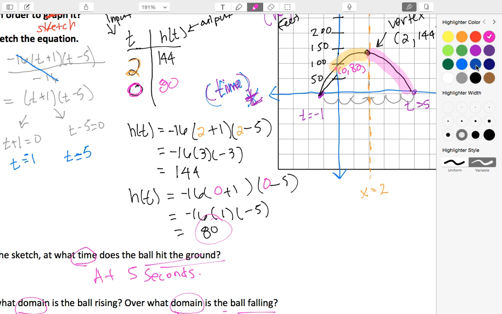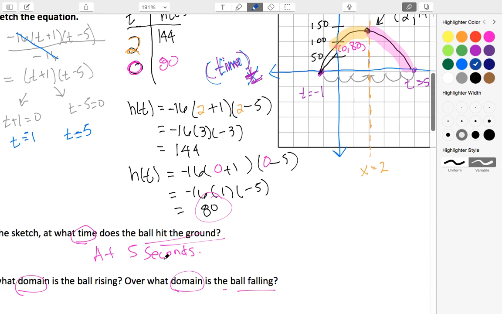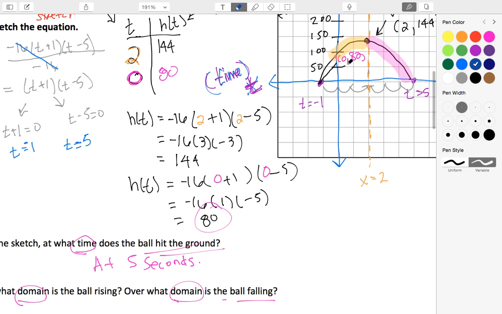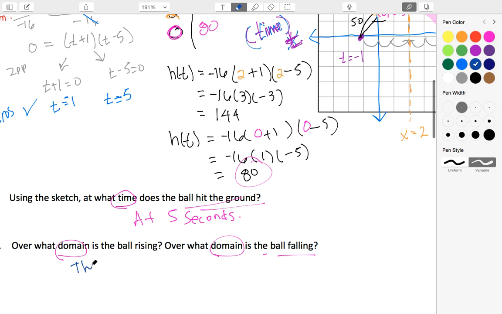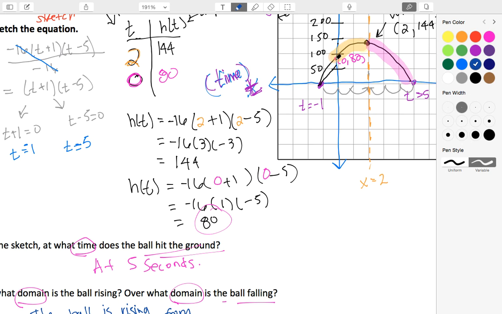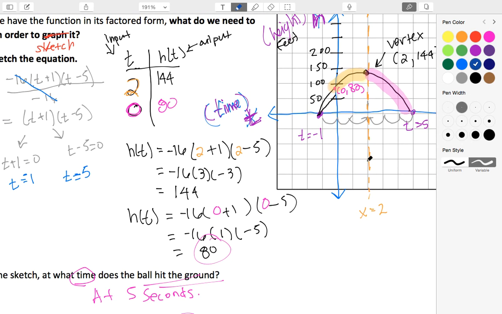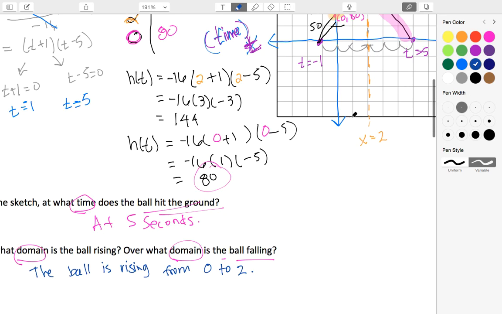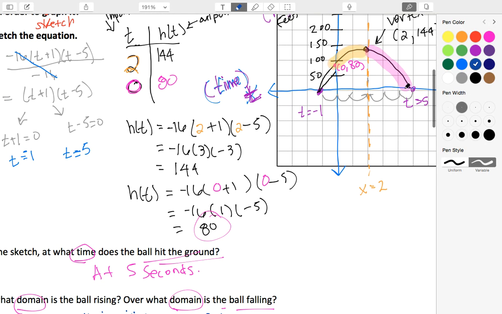So what we say is the domain here: the ball is rising from, the x values from 0, when x is 0, all the way up here, which is 2. So it's rising from 0 to 2, and the ball is falling from 2 to 5.